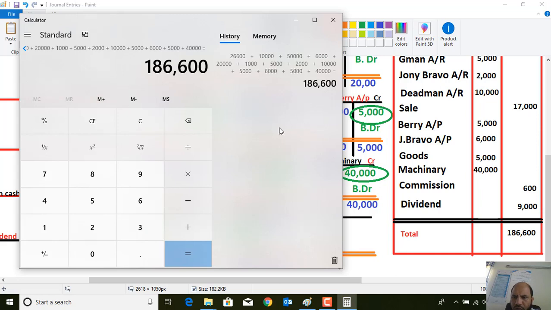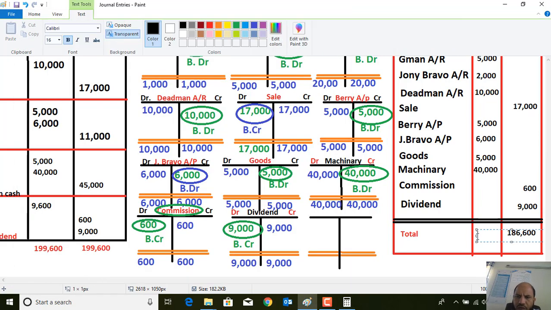So this is equal to 1,86,600. So both the sides are equal, and this is the way to record the transaction into the trial balance.